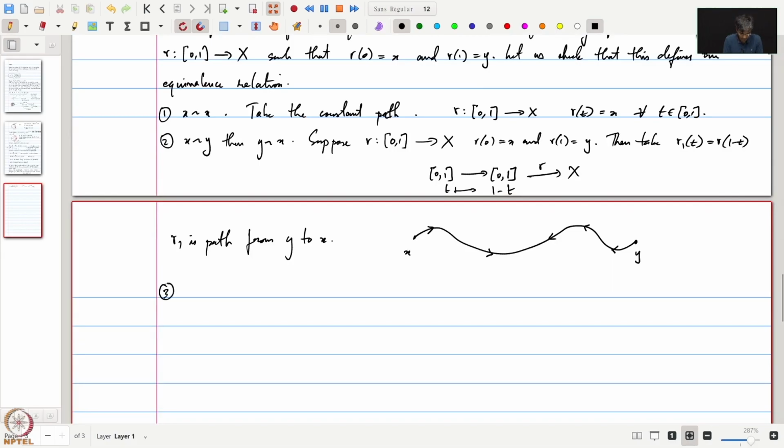The third thing we need to check is, if X is equivalent to Y and Y is equivalent to Z, then X is equivalent to Z. Here we will use a theorem that we learned some time back, about how to check continuity of a map by restricting it to two closed subsets.